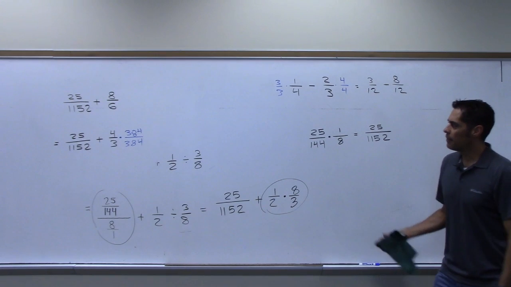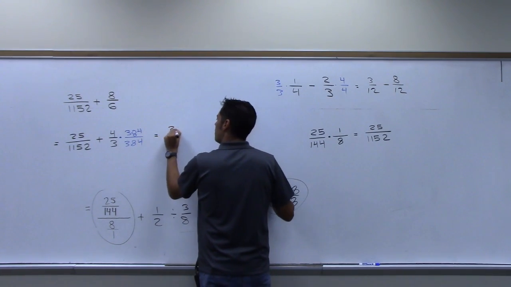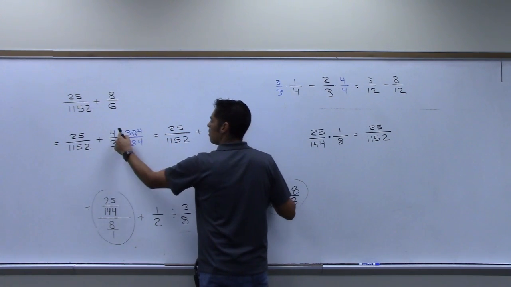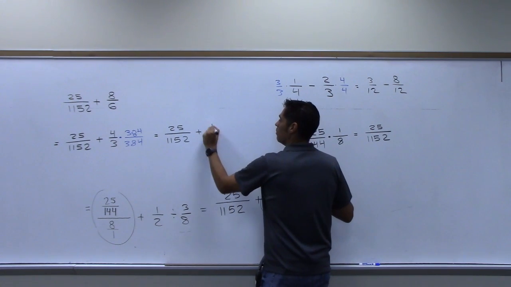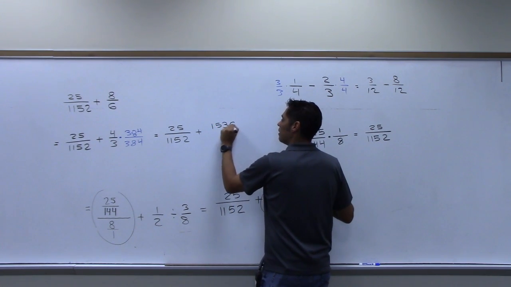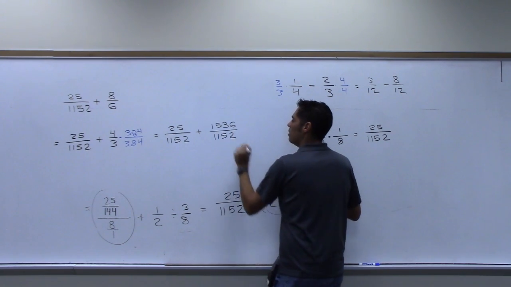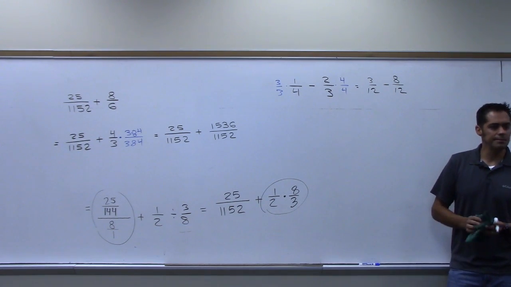Like that. That's ugly. So we have 25 over 1152 plus 4 times this, which is 1536, and then over 1152, and then add together on the top.